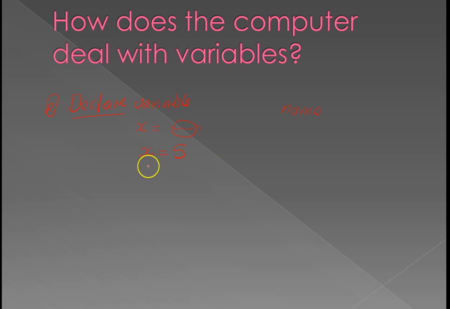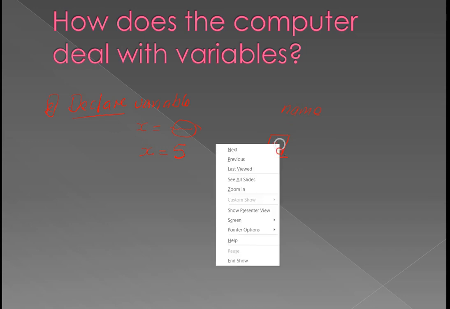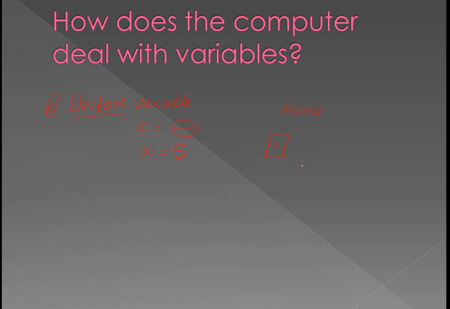What your computer is going to do is somewhere in its memory, it's going to find an empty memory space, and it's going to put X inside there. It's going to store your variable name in a specific memory spot. Then, when you write X equals 5, it's going to find another empty memory space, and it's going to store the 5 in there.